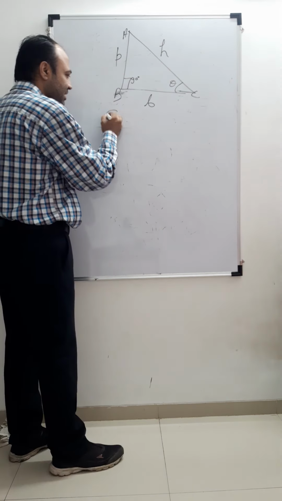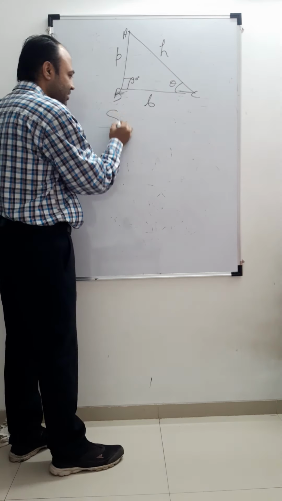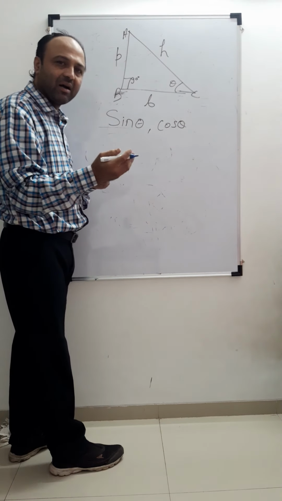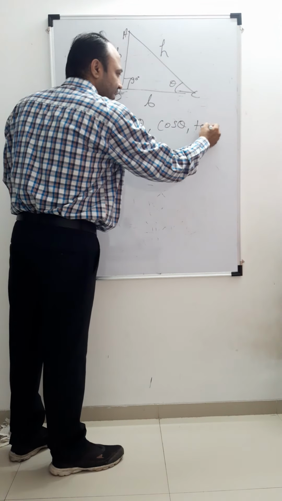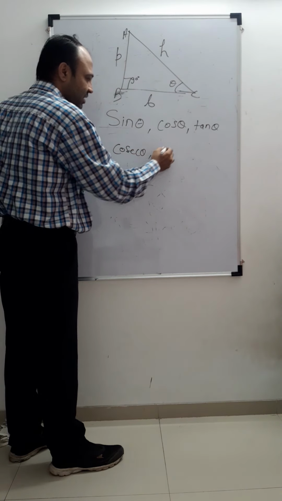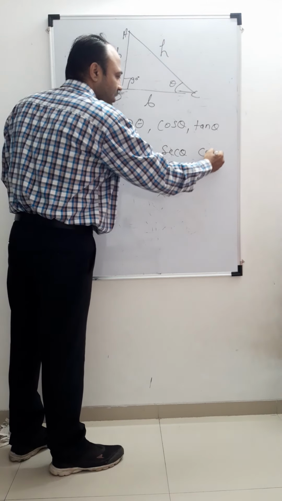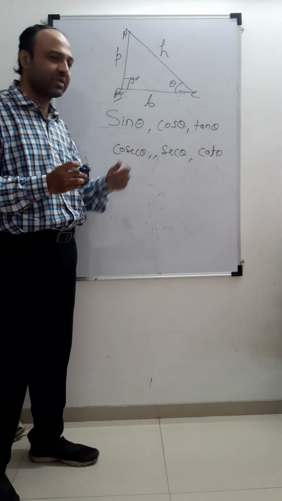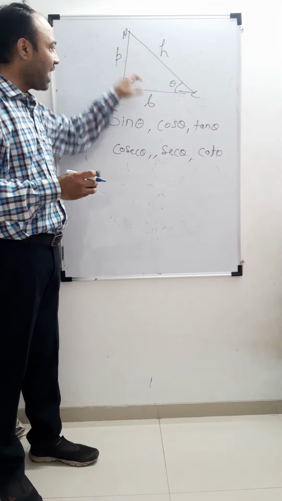The first is sine theta, correct? Sine of theta, cos of theta, tan theta, correct? Theta, I took this angle. Then their opposites, cosec theta, sec theta, and cot theta, right? So these are the 6 ratios that came from a right angle triangle.